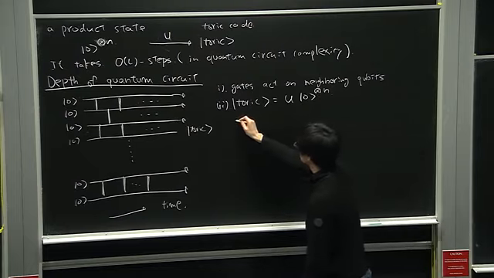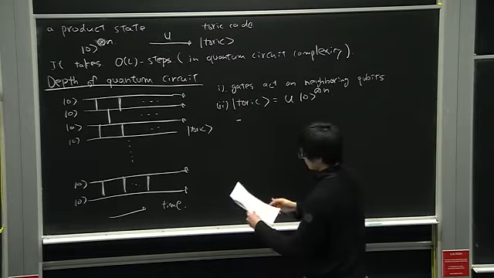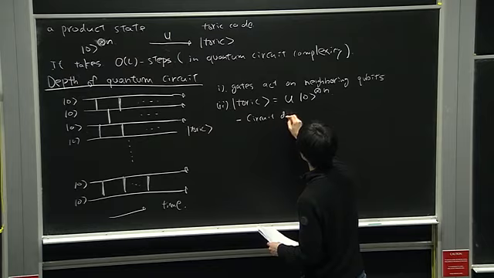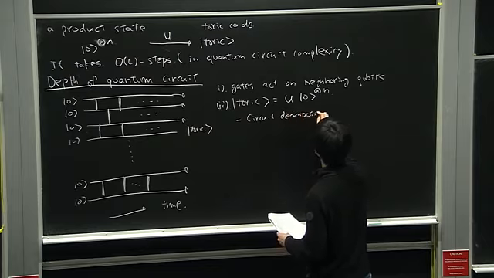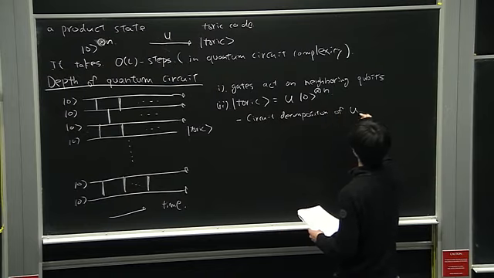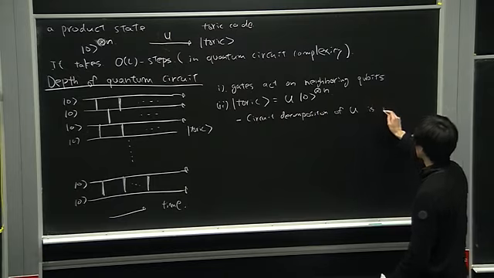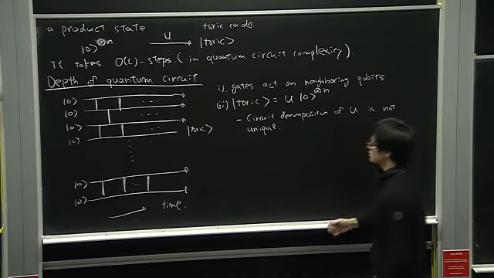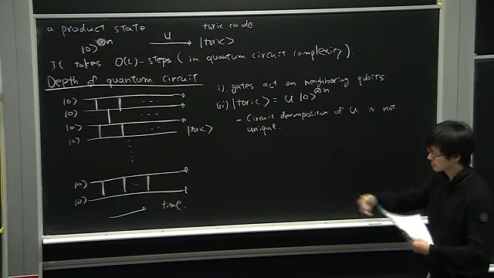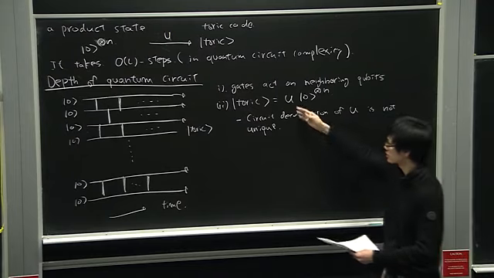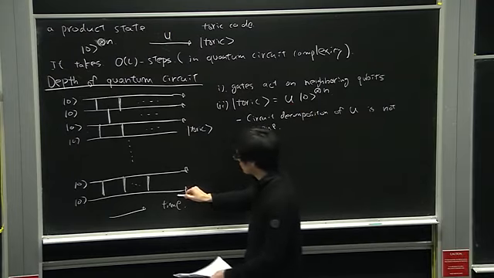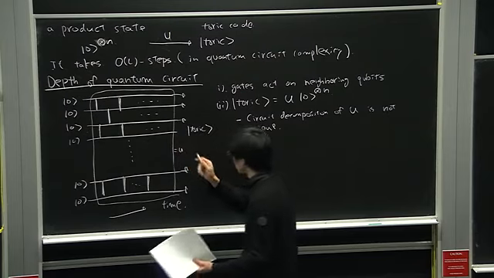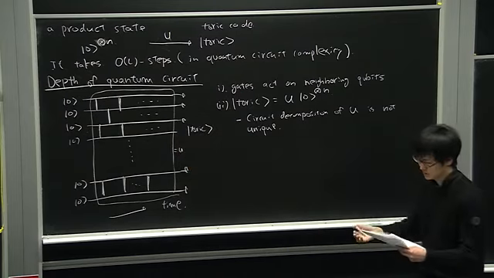But this circuit decomposition is of course not unique, in the sense that there are many, many different ways to implement this actual unitary operator. So here I'm showing one particular way of implementing the unitary operator, but of course there are many different ways.